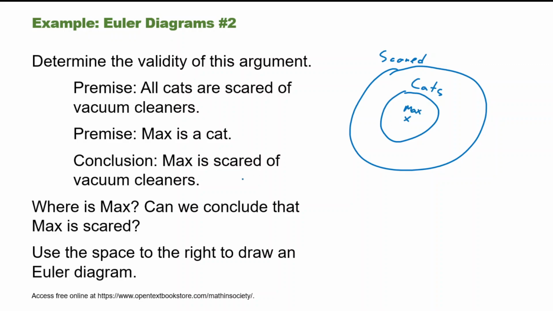So therefore, Max is scared of vacuum cleaners. The only place that Max can be placed is inside the circle labeled cats, which is inside the circle labeled scared. So we have to think about the location of where he would be. And in this case, yes, we can conclude that Max is scared of vacuum cleaners.